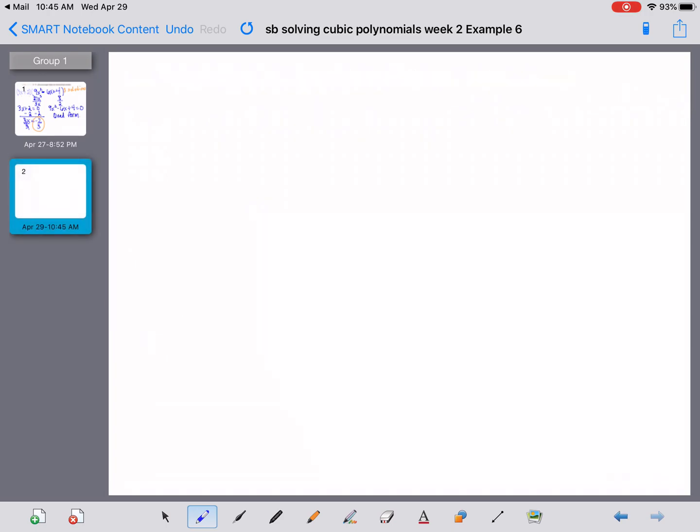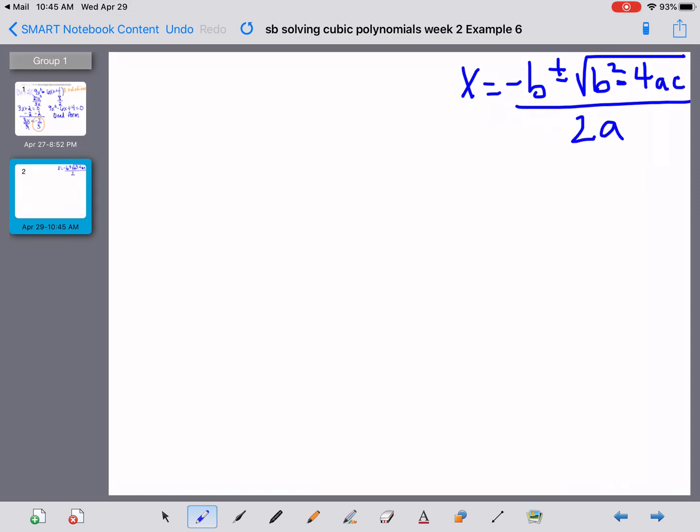And the thing that I didn't put on the notes this week that we may need is the quadratic formula. The quadratic formula is x equals the opposite of b plus or minus the square root of b squared minus 4 times a times c, all divided by 2 times a.